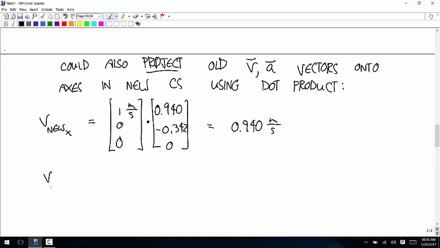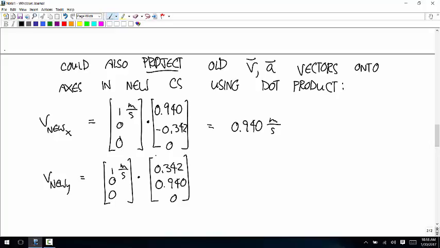And to get the y-axis, you take our velocity vector in the old coordinate system, dot product with the new y-axis, which is negative 0.342, positive 0.940, 0.